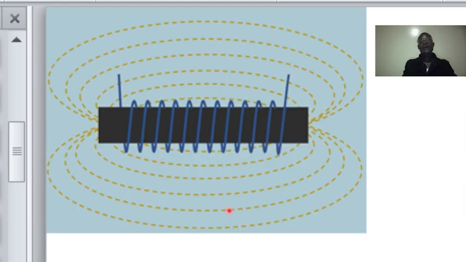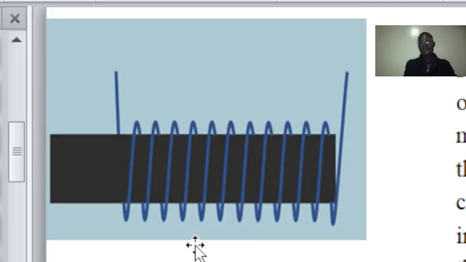Now, also, if we do the opposite of what we have done here, in this case, you move a coil or a magnet within a coil of wire, then it induces an electric current.